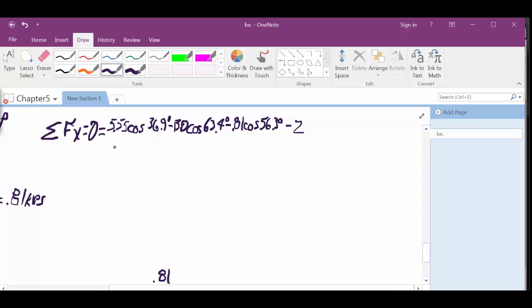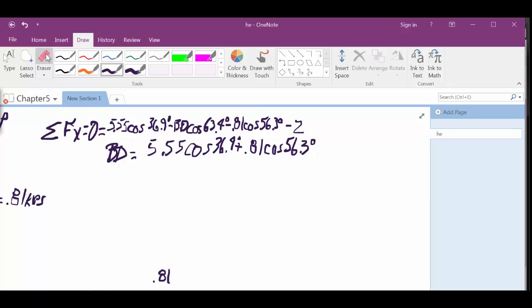So BD goes to the other side of the equation. So you got 5.55 cosine of 36.9 plus what, 0.81? Minus 0.81. No, BD went to the other side. So all these stay the same. Plus 0.81 cosine of 56.3 minus, or let's see, yeah, that was a minus there, so why did I change that?